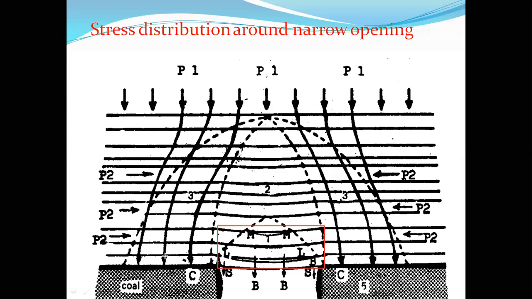The layer which is present immediately above the opening is called the immediate roof. The layer which is present above that is known as the main roof. This immediate roof is subjected to bending forces, which is why it is called B, acting downward like this.